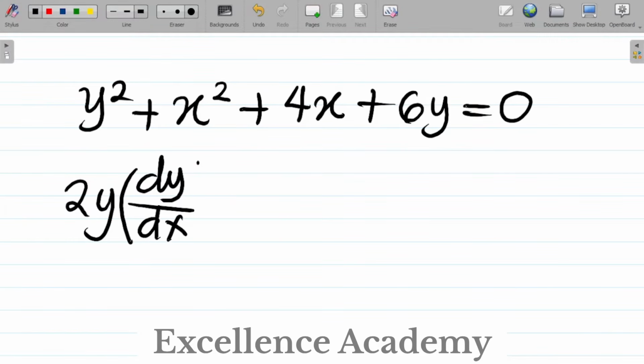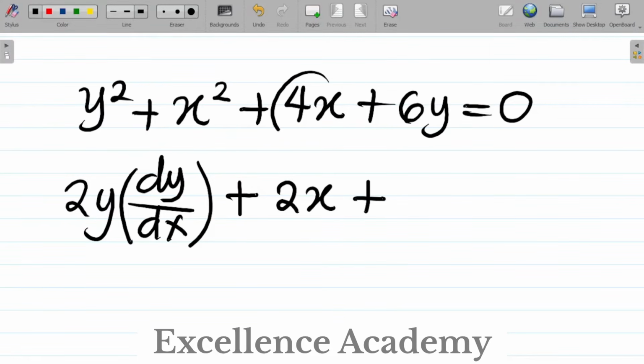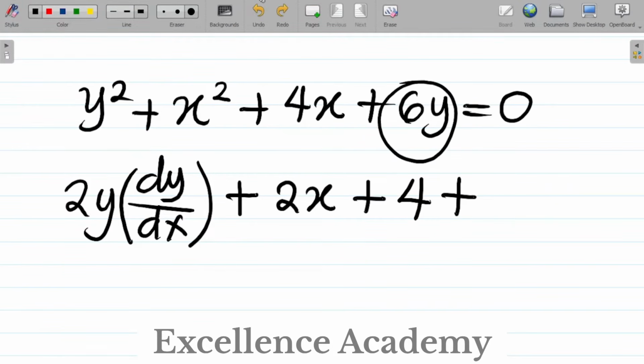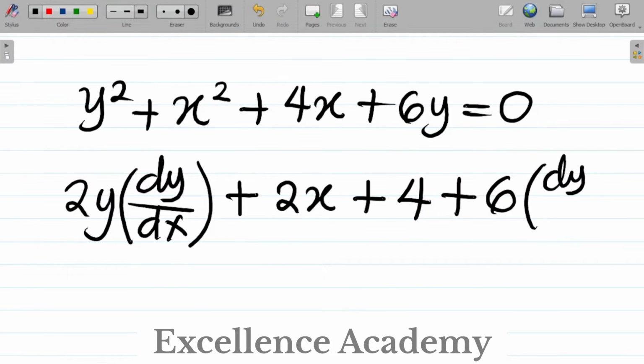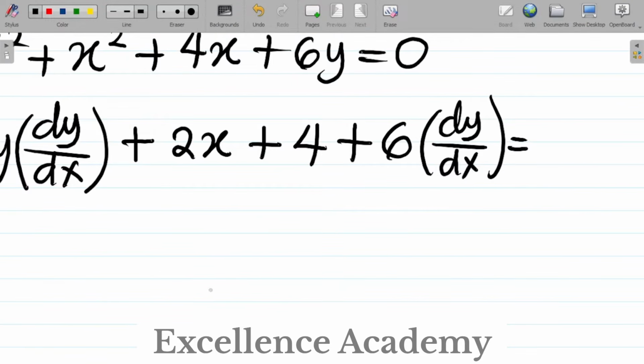If I differentiate x squared here, you have 2x, no dy dx because you're differentiating an x term, plus differentiate 4x here, that gives you 4, plus differentiate 6y, you have 6, and you add dy dx, equal to 0, since differentiating 0 gives 0.